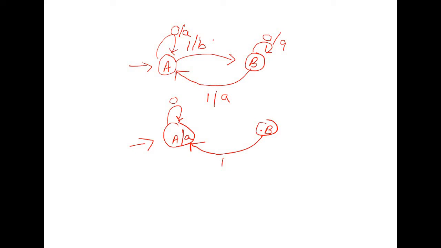We cannot decide this. So what we do, we divide the B into B1 and B2. So when you are coming from 1, it should be the output 1, and for this B it is 0 and output is 0.